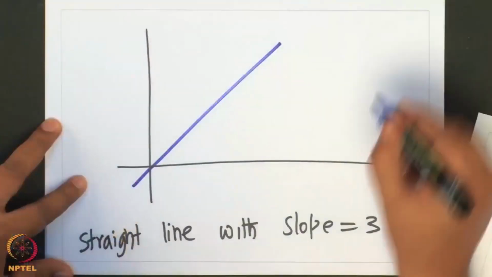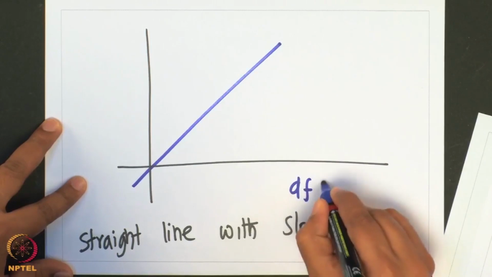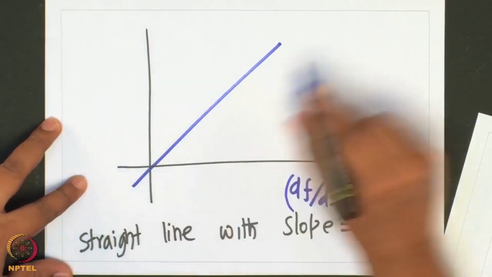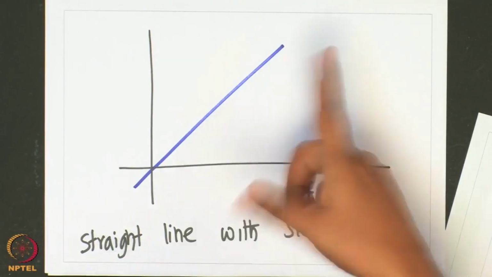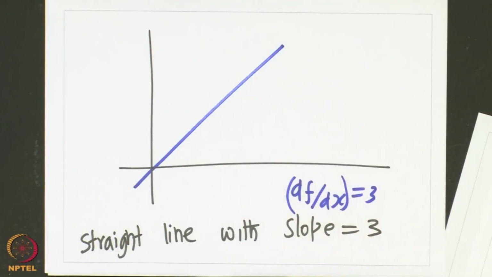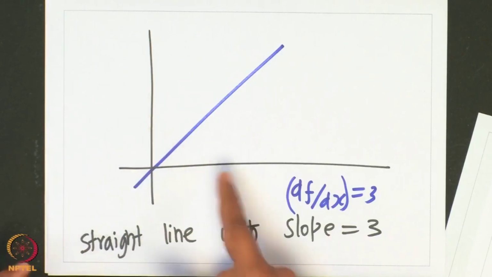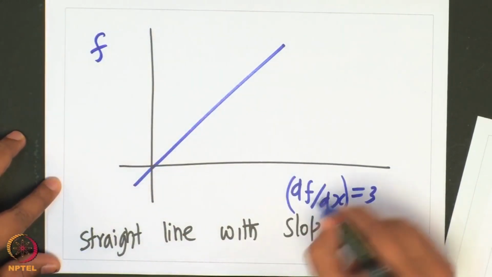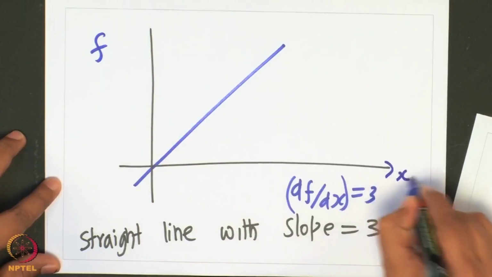If I integrate df by dx equal to 3, I will get this slope, this curve. So, this is an answer to this. This is the integral of f. If this is f, and df by dx equal to 3, this is my f versus x curve.